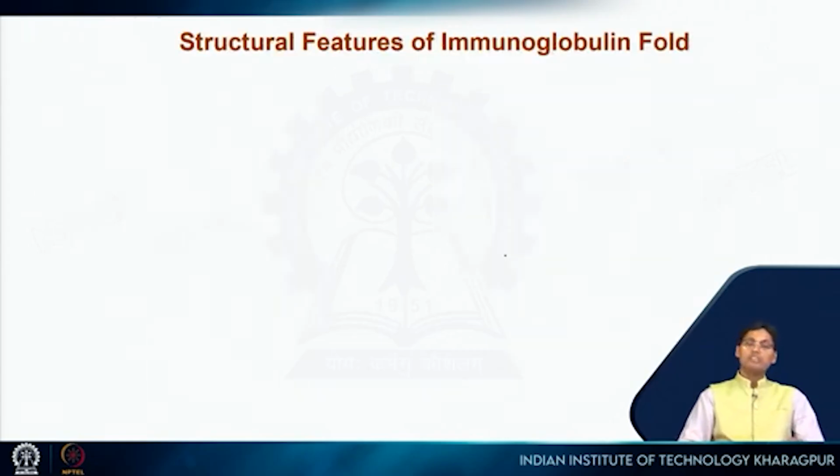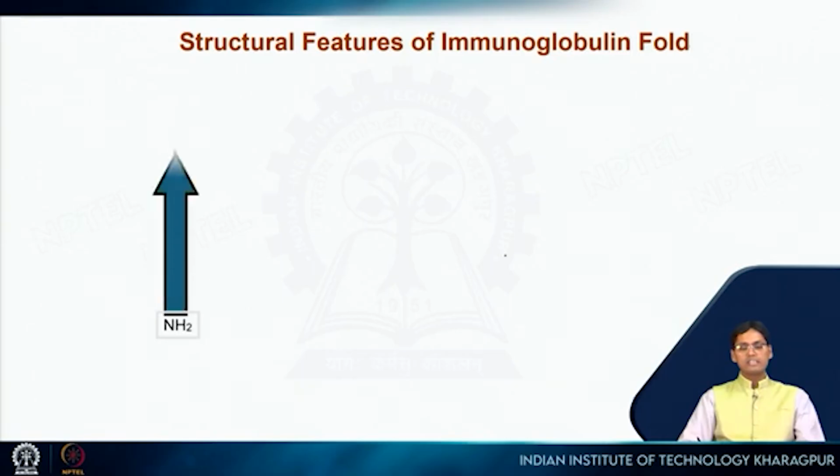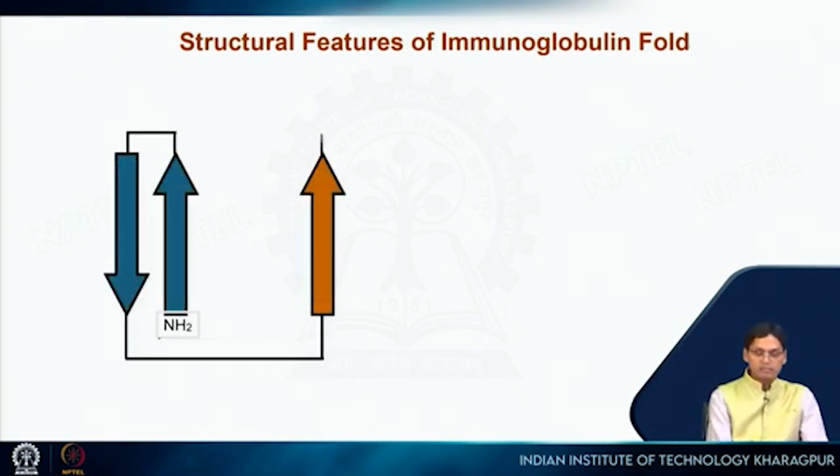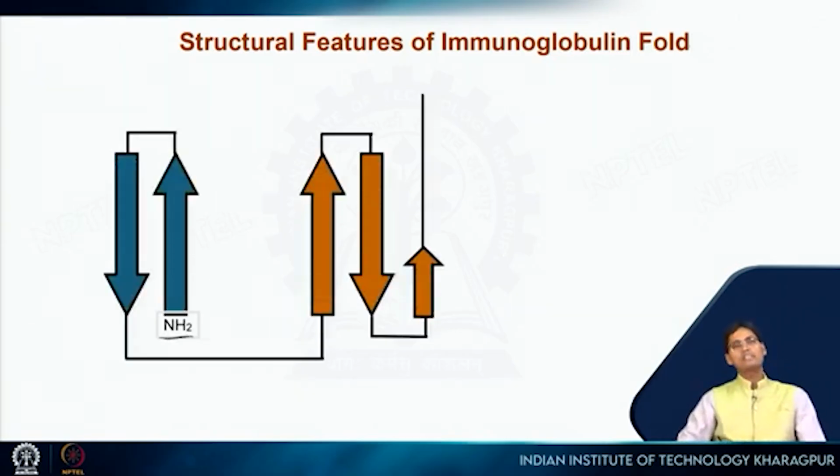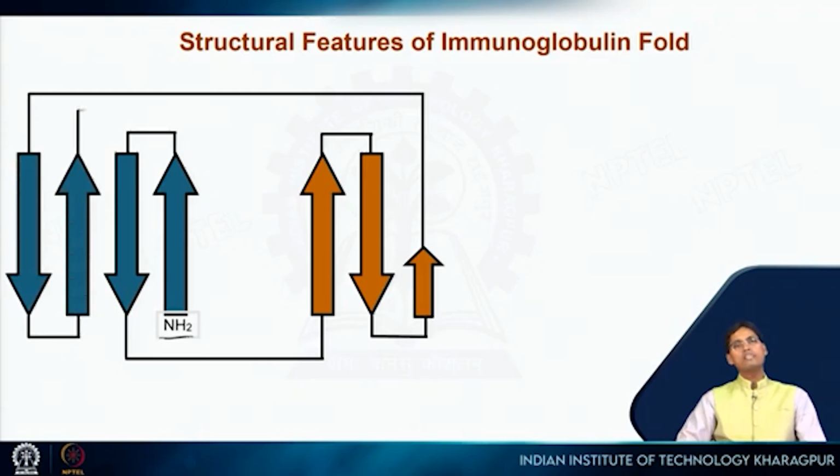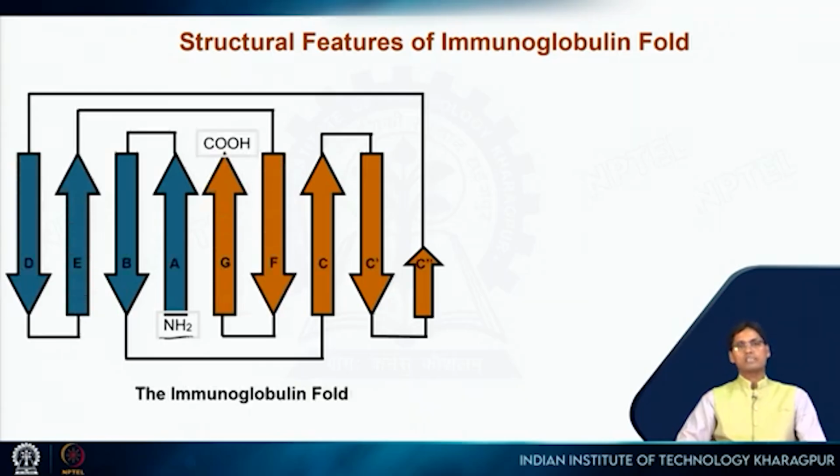Now, the structural features of the immunoglobulin fold. Whatever I mentioned about the BCR or antibody structure as well as the TCR structure, their units are immunoglobulin folds. And it is a protein. If I start from this N-terminal end, as you can see, this protein is made up of beta strands.